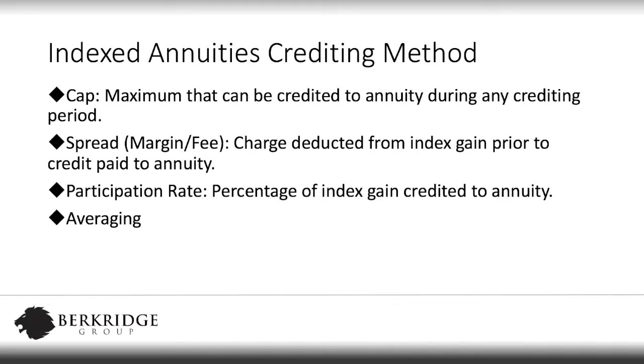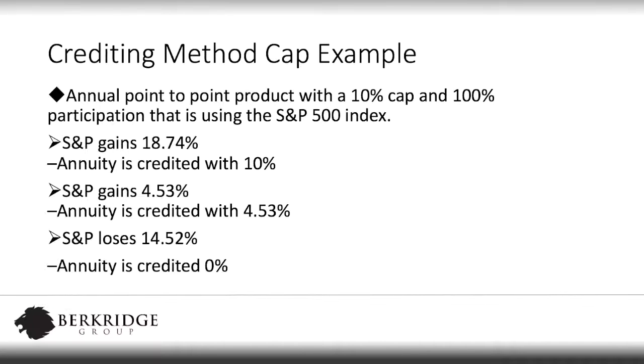So historically, if you look back over a 10, 15, 20, 30-year period, you have a lower average rate of return. However, you have less standard deviation from the mean, because there's less variance within a high par, lower cap investment strategy for a crediting method. So here are some examples.